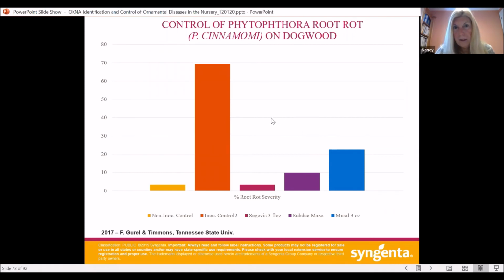So just looking at a dogwood trial with Phytophthora, the new product I talked about, Segovis, showed some really strong, excellent activity on Phytophthora. And you can see here, MURAL 7-11 also provided some good suppression, although more for controlling Rhizoctonia, you're getting some Phytophthora protection as well.